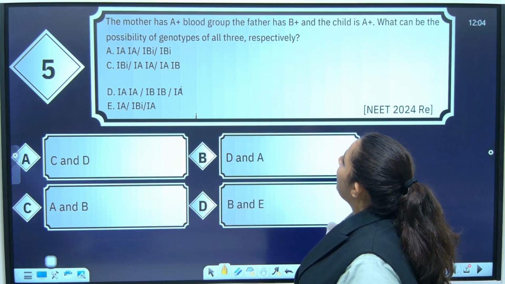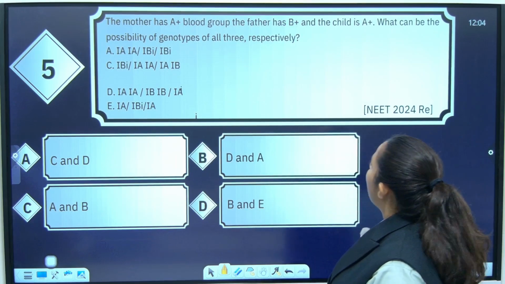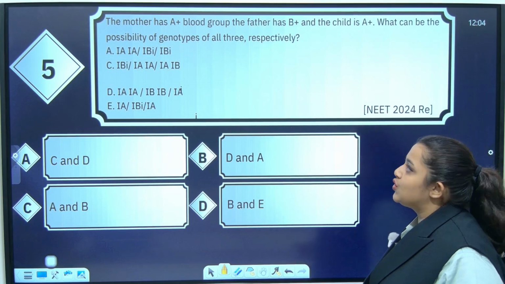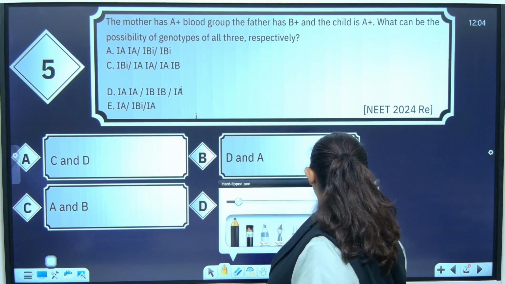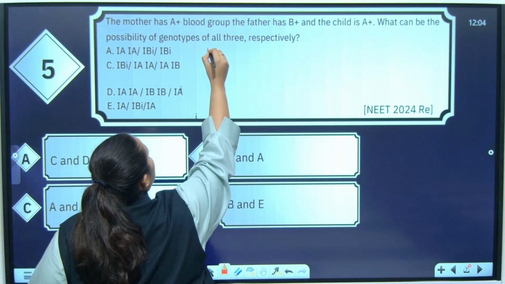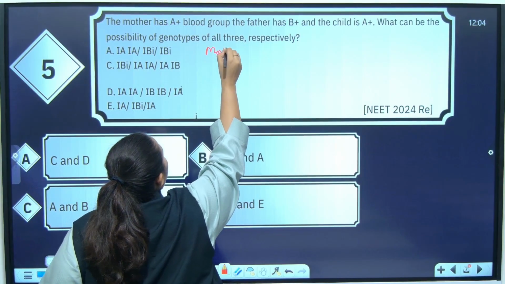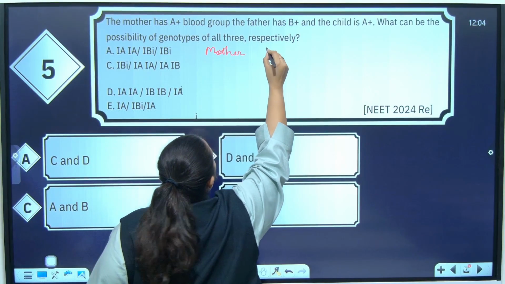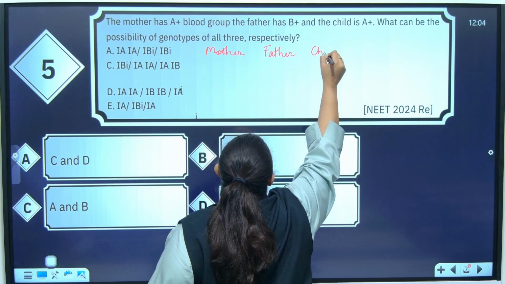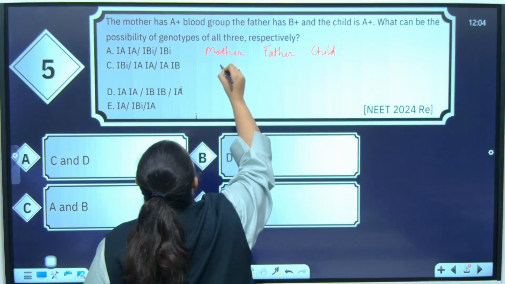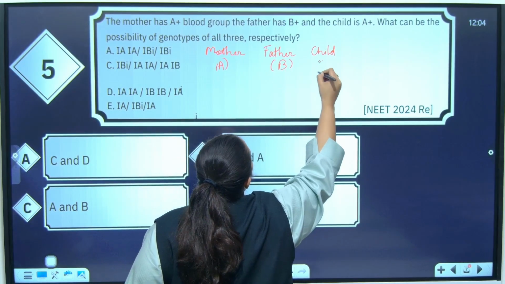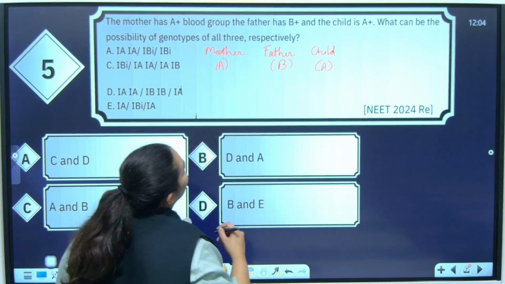Mother has A plus blood group, father has B plus, and the child has A plus. What is the possibility of the genotypes? For that, we will mention it like this over here. Pay attention: for the mother, for the father, and for the child. The mother has A plus blood group, the father has B plus, and the child has A again.